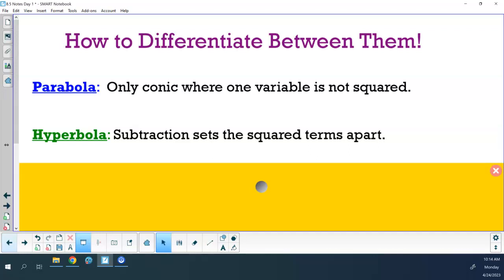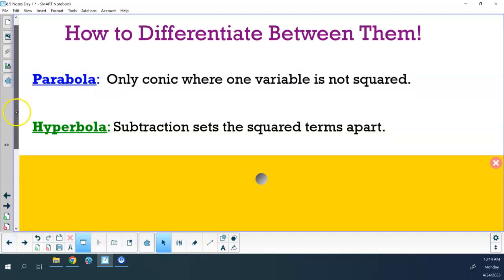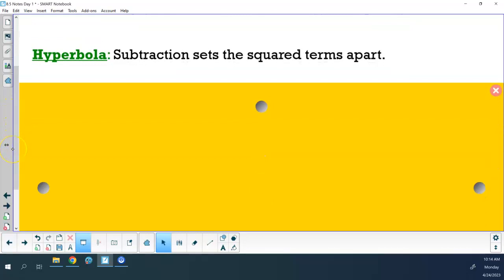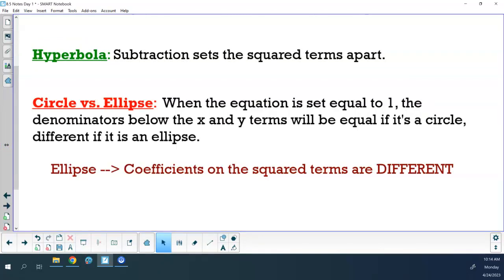Or, another way of saying it, one of the squared terms is negative. Those are the 2 easy ones, because they are the most distinct conics.